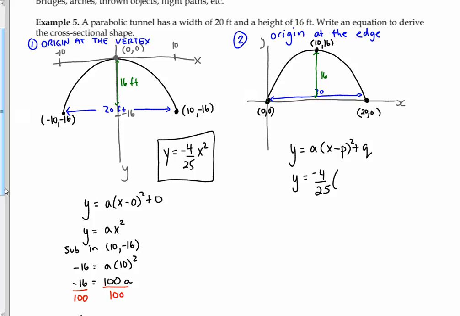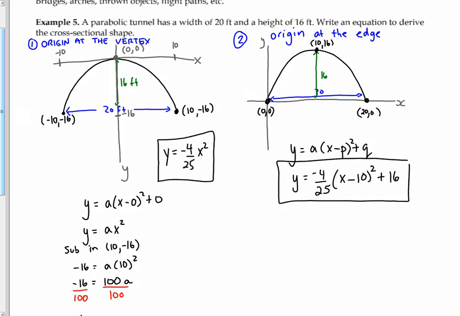The shape of the graph is not changing, no matter where we put the origin. So a is negative 4 over 25, x minus what? Where's the vertex? 10, squared, plus 16. Once you know your a value for one, you know it for all.